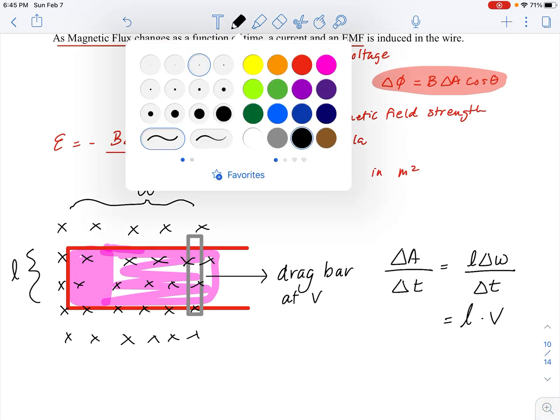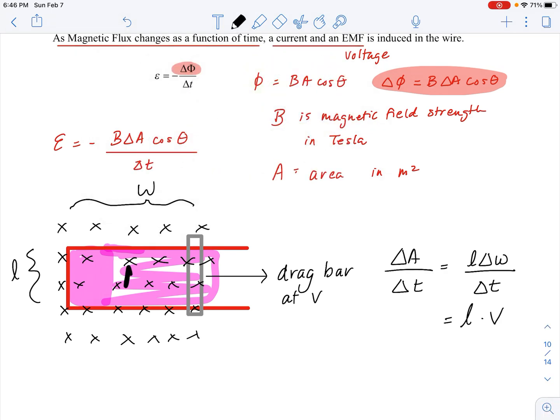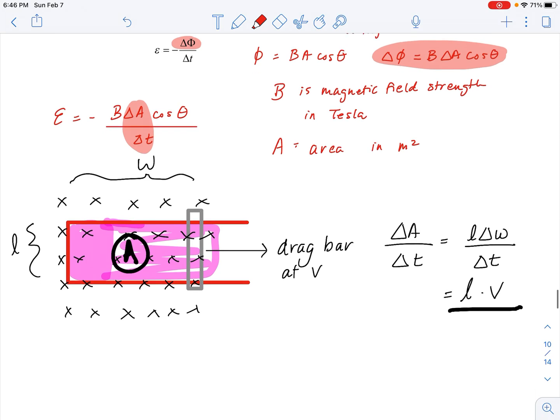As we drag the bar, this cross-sectional area increases as a function of time, and delta A over delta T is going to equal L times V. So that is this portion of the formula.